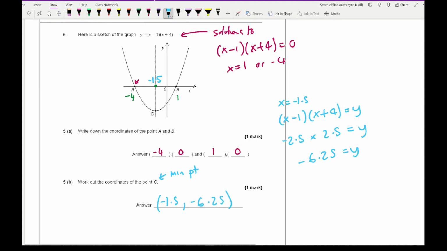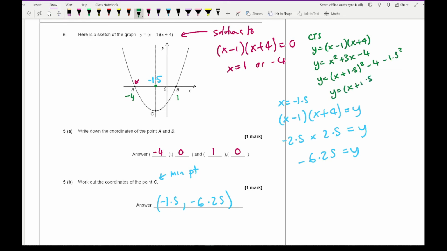Now another alternative you could do is to use completing the square. If I use completing the square on y equals x minus 1, x plus 4, then what I end up with is y equals x squared plus 3x minus 4. Completing the square, I get x plus 1.5 squared minus 4 minus 1.5 squared, which gives me y equals x plus 1.5 squared minus 6.25.